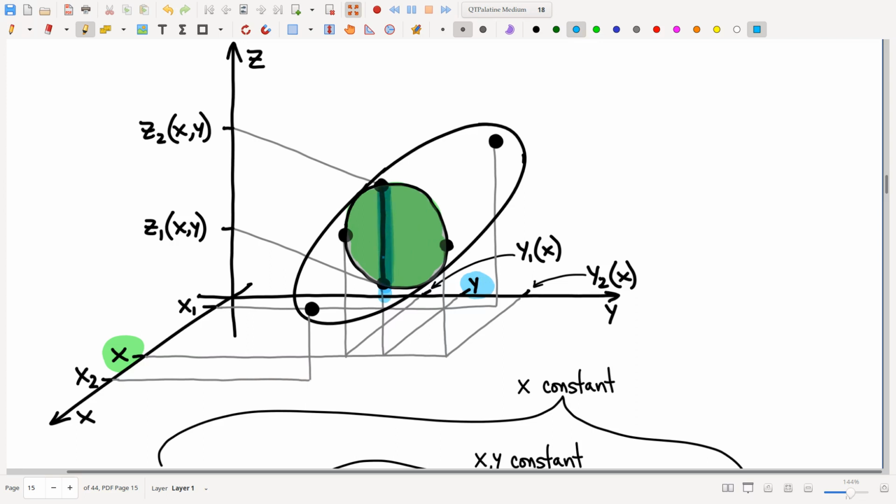Here's another way to say it, a different point of view on the same thing. Having fixed both x and y, I'm basically designating a point down here in the xy plane. This is all that remains. Now I have to imagine how z varies as I move along this y slice of my x slice.